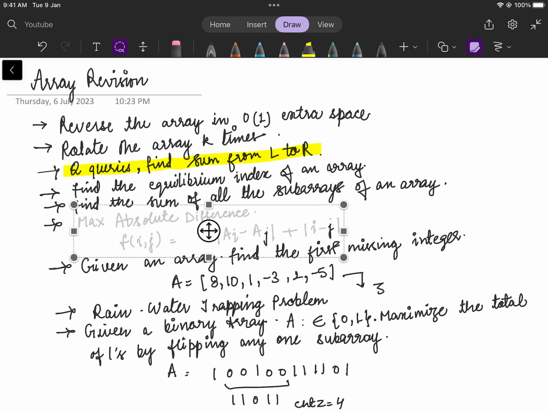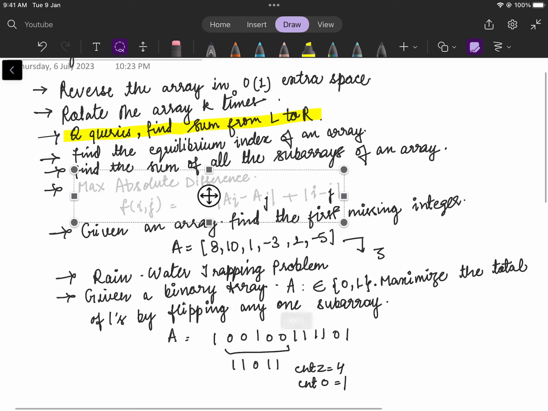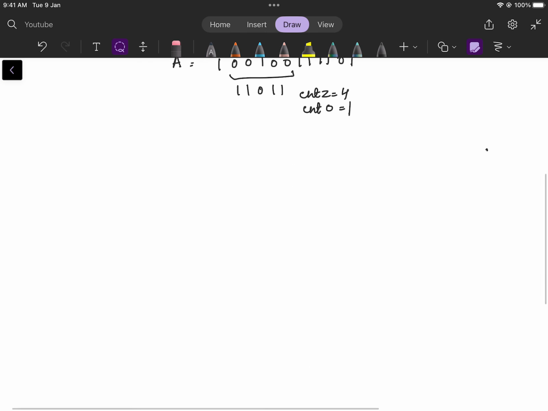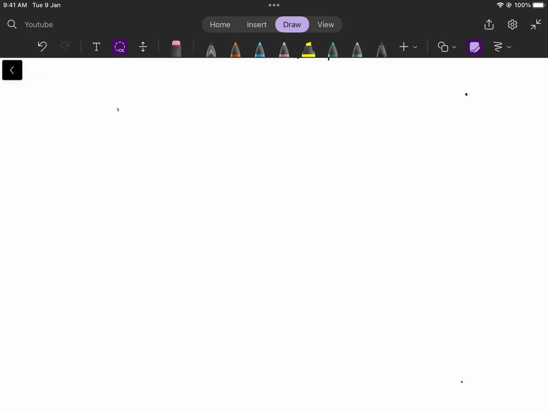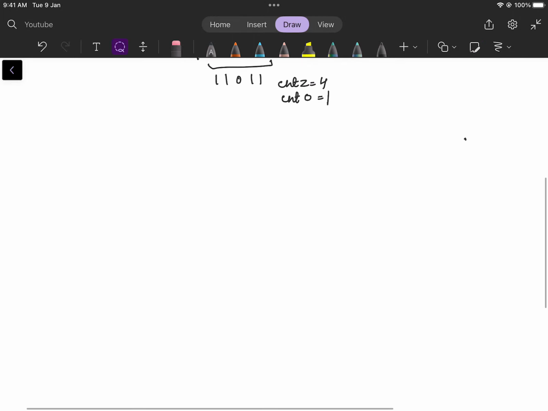What I can do, I think, is copy. Can we paste here? Actually, I don't know how to paste it. Let's forget this. We can write it all down.